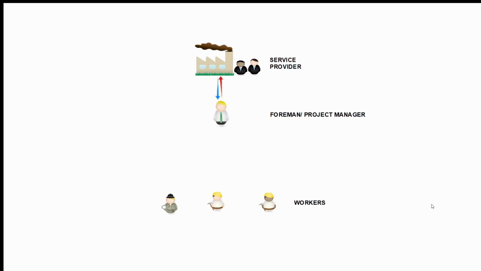The foreman, however, quickly realizes there's a problem. One of the workers is German, one of them's Spanish, and one of them's French. And just to complicate matters, the German doesn't speak Spanish or French, the Spaniard doesn't speak German or French, and the French guy doesn't speak German or Spanish.